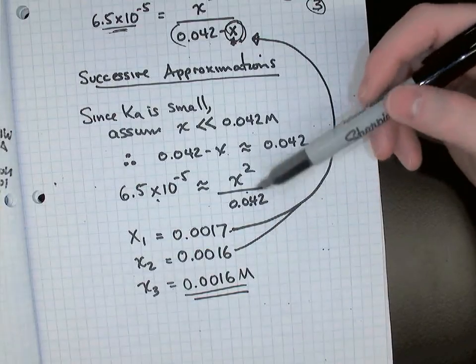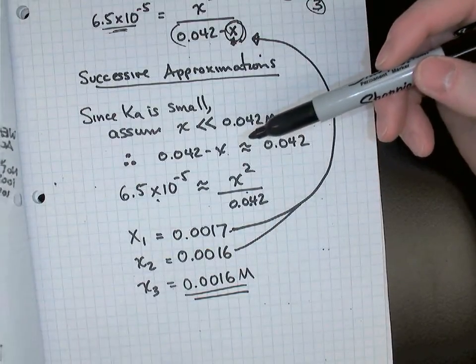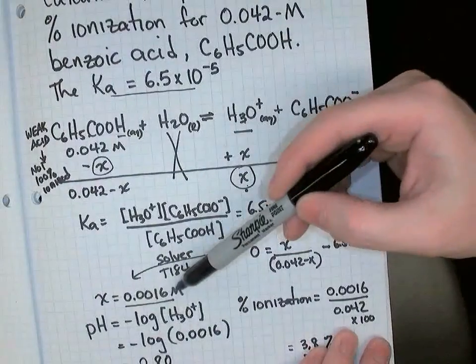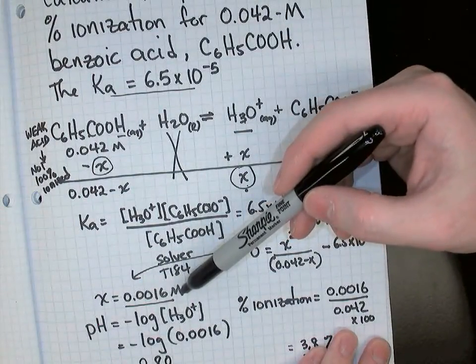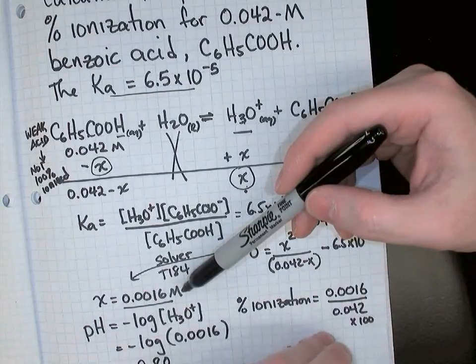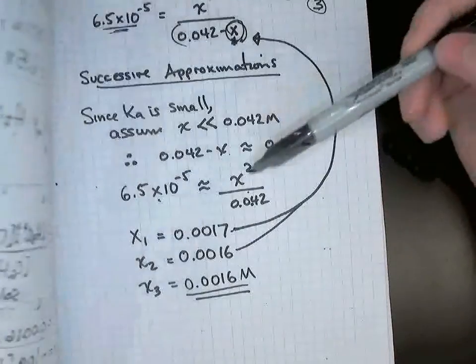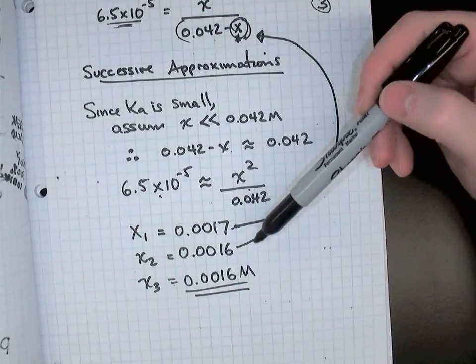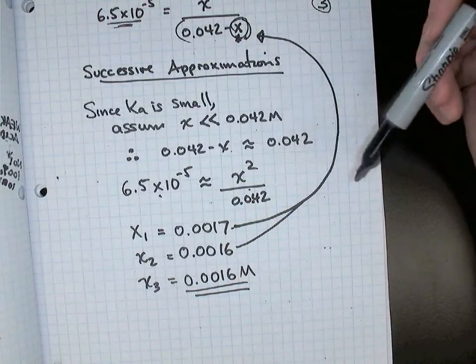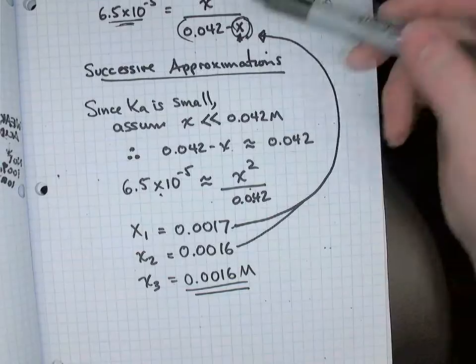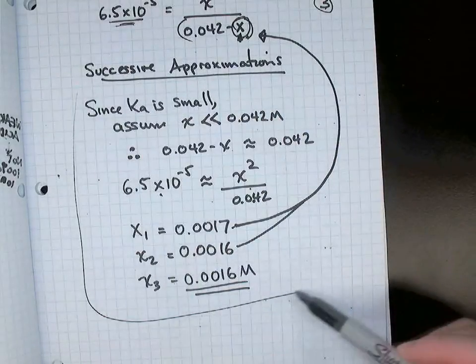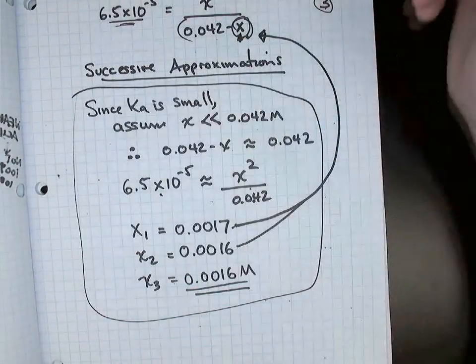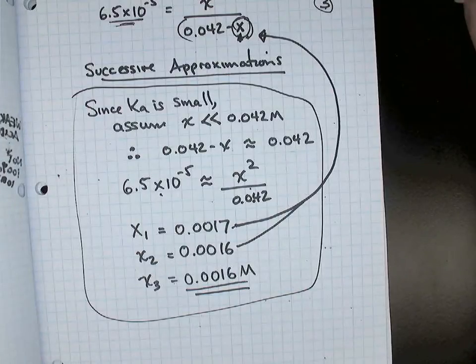Now if we compare that to the answer we had using the solver, you'll notice it's the same. With the solver we had 0.0016 also. So once you've got your x value here, you would now do what we did previously. You'd go find the pH, and then you'd find the percent ionization. Now this was a little bit of tedious work, I agree, but it's still a lot faster and a lot easier than using the quadratic equation.